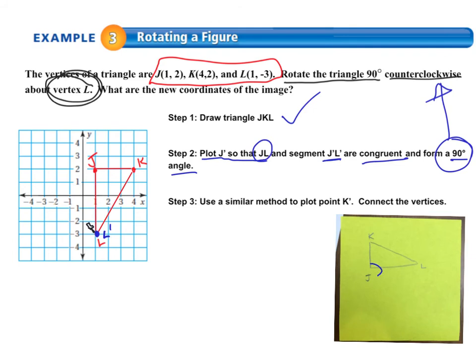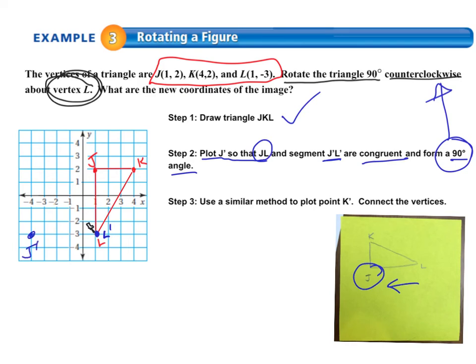So I know that J is over this way, straight across from L, and I'm just going to quickly count. So from L to J is 1, 2, 3, 4, 5 units. So I need to go 1, 2, 3, 4, 5 units over here to plot point J prime.